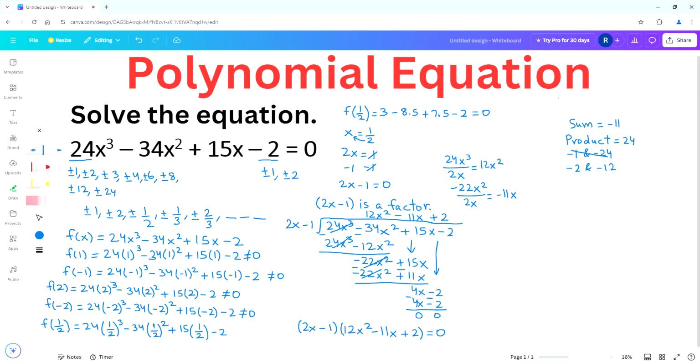But we cannot get a sum of negative 11, so this pair is also out. The next possible pair is negative 3 and negative 8. The sum of negative 3 and negative 8 is negative 11, so these are the two numbers we are looking for. We can use these two numbers to break up the middle term negative 11x.